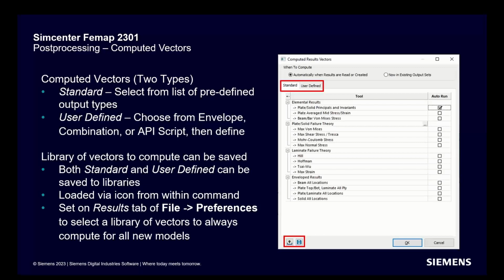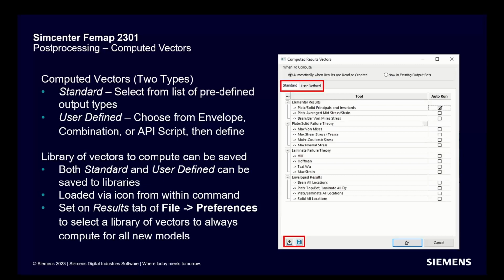And down at the bottom, you'll see there are two options. One is for loading functions from a library. And then you can also save, I think this allows you to save a configuration to a file for loading it later.